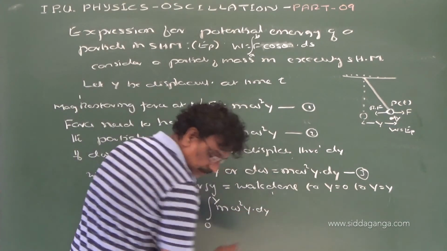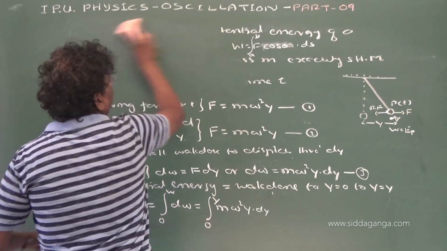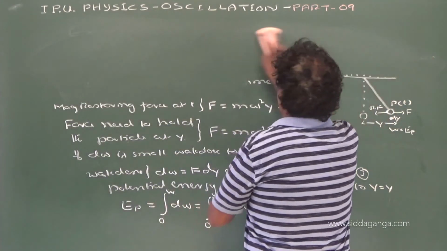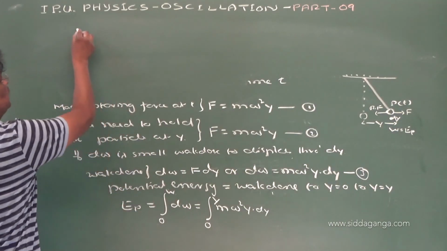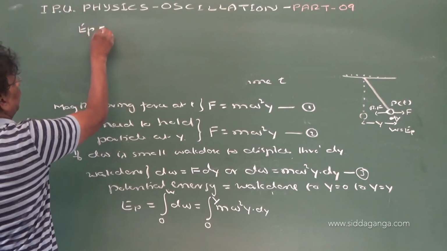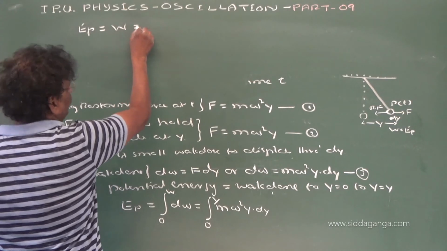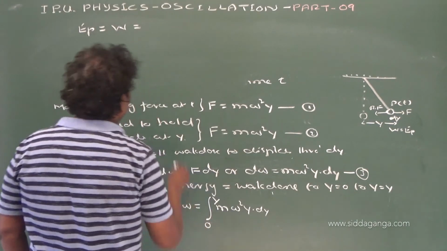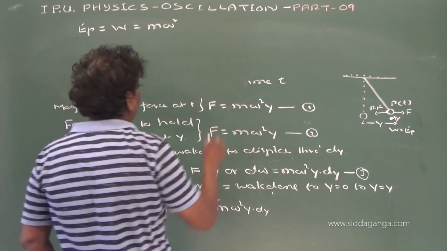So EP is equal to W. If we integrate, m is constant and omega square is constant, so they are taken out.